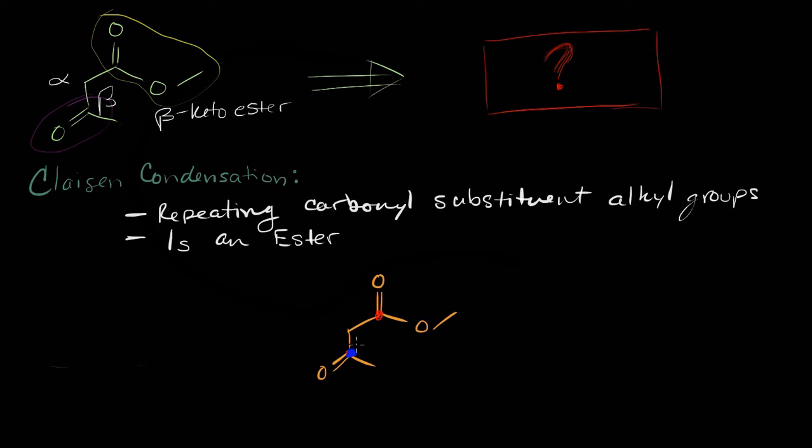So that's telling me that I'm dealing with only single chains or just single methyls. That gives you insight that you might be working with some sort of Claisen condensation here. And then I also see that there is in fact an ester.